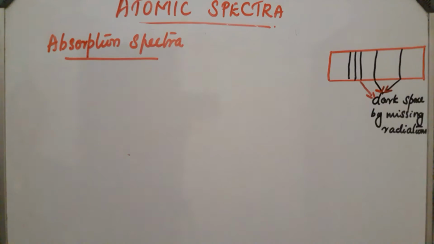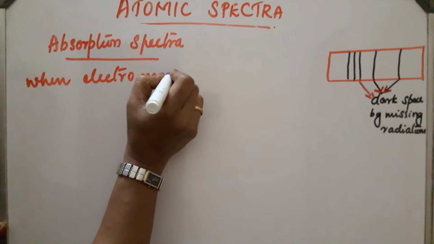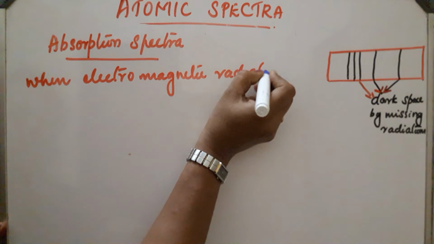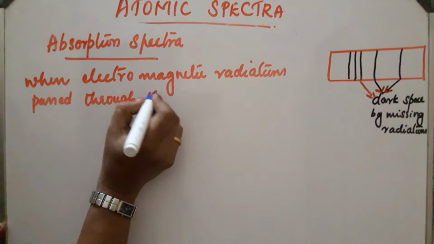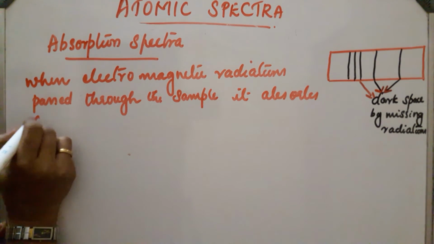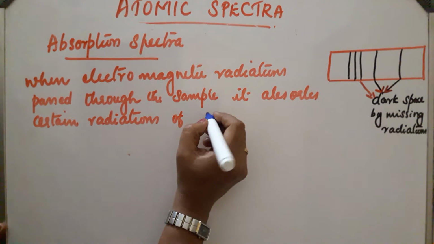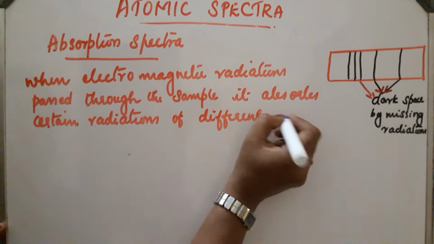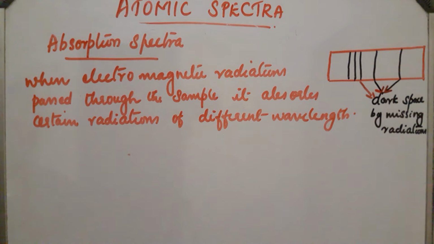Now let us explain one by one. Next, absorption spectra. When electromagnetic radiations are passed through the sample, it absorbs certain radiations of different wavelengths. So by this we can obtain a continuous spectrum, but along with it, some radiations of certain wavelengths are missing.